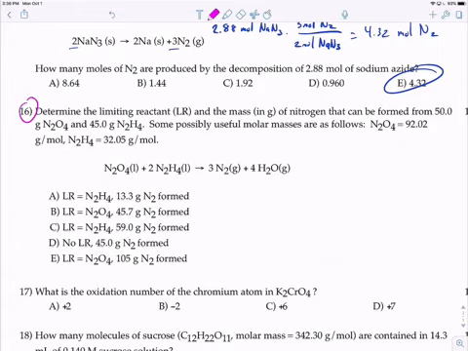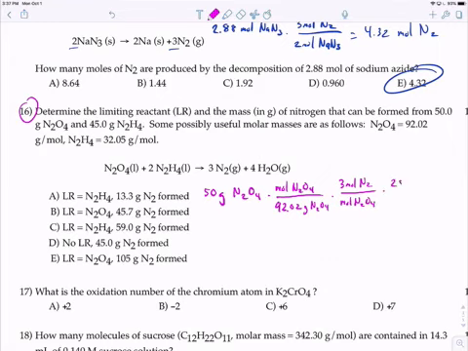So 50 grams N2O4 times mole N2O4 to 92.02 grams N2O4 times, we want mass nitrogen, 3 moles N2 to 1 mole N2O4, 28 grams nitrogen per mole nitrogen.